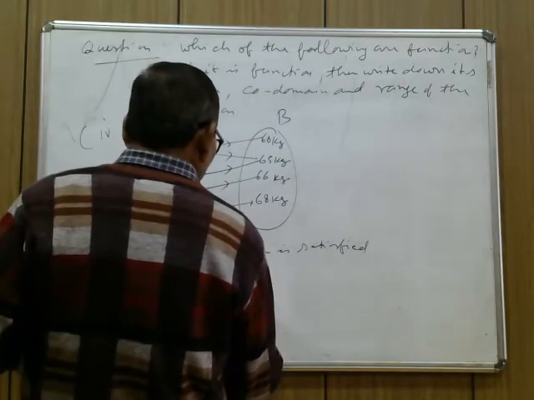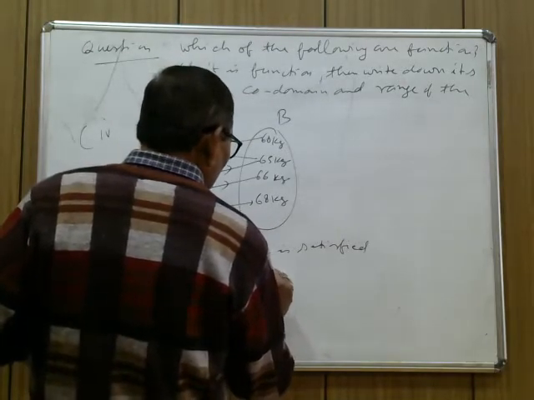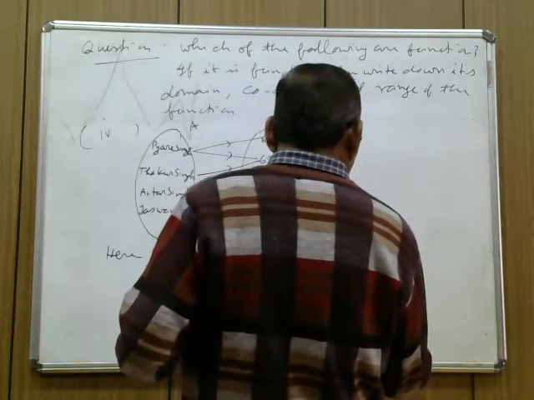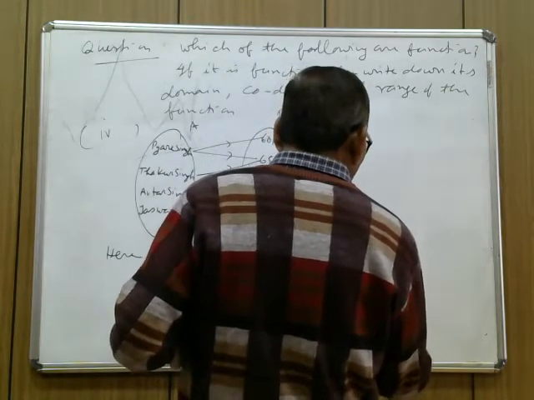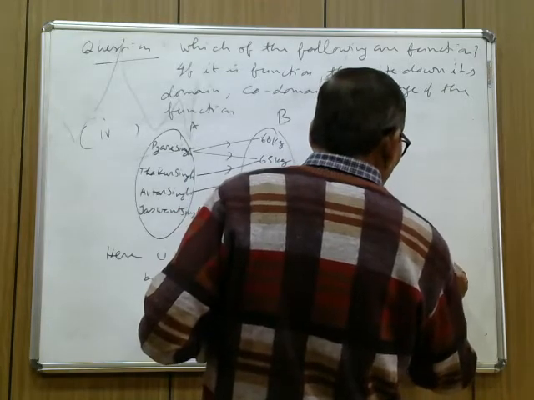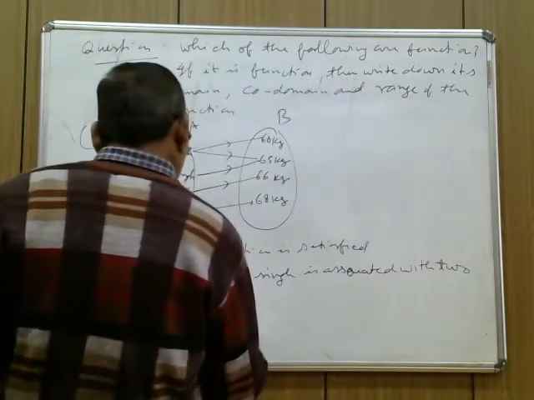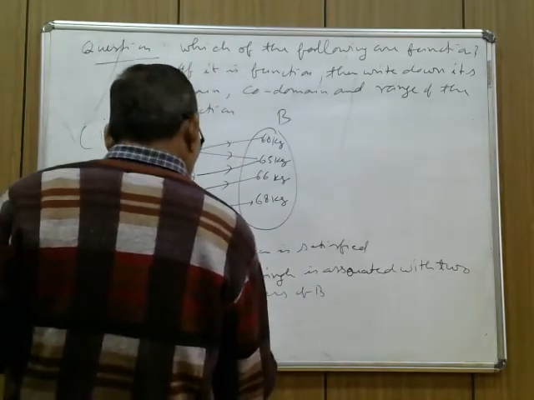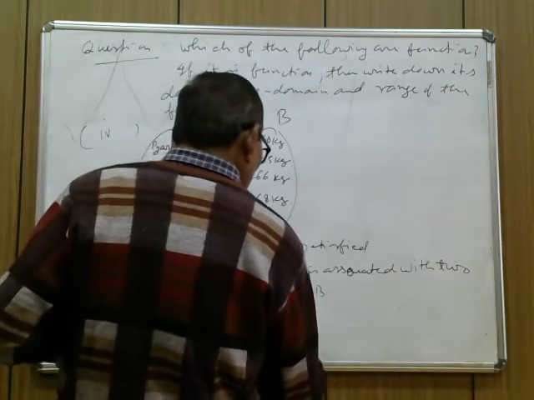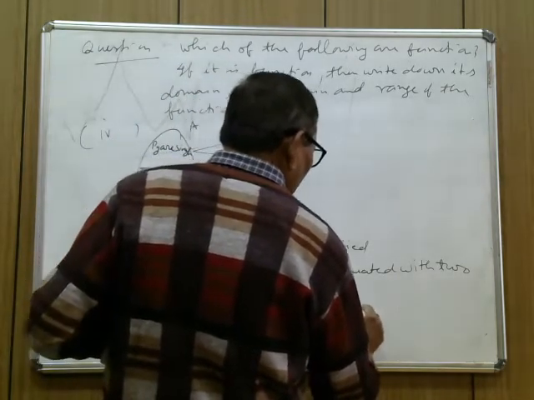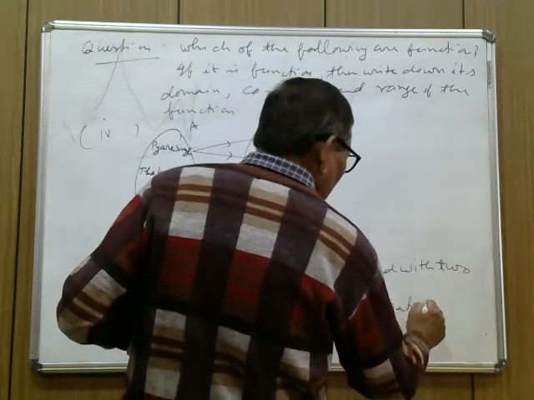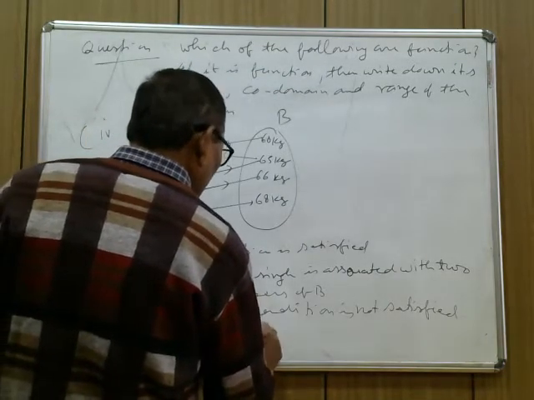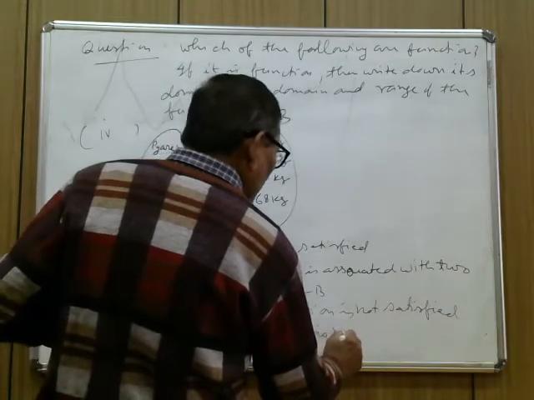Pyare Singh is associated with two members of B. Therefore, the second condition is not satisfied. Hence, f such that A to B is not a function.